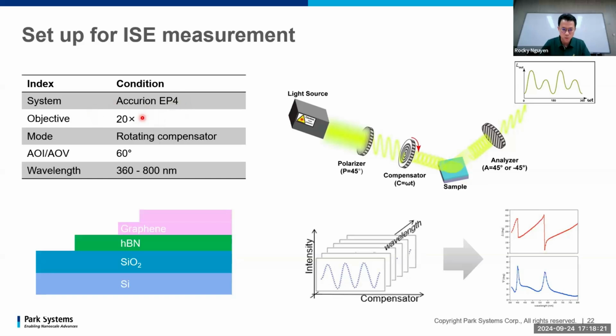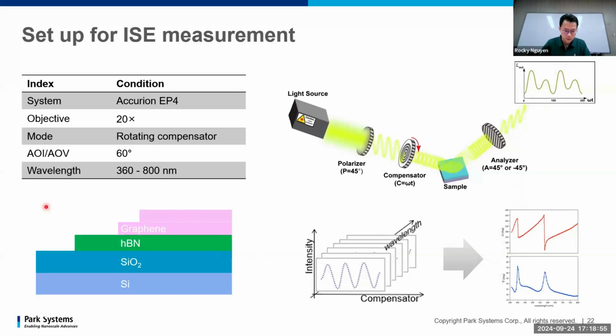For the measurement mode, we use the very popular rotating compensator ellipsometer method, in which the polarizer and analyzer angles are fixed during measurement, and the compensator is rotated. During this rotation, the intensity of the light is obtained. After that, we use the Fourier transform to convert this intensity into delta and psi for optical data analysis.